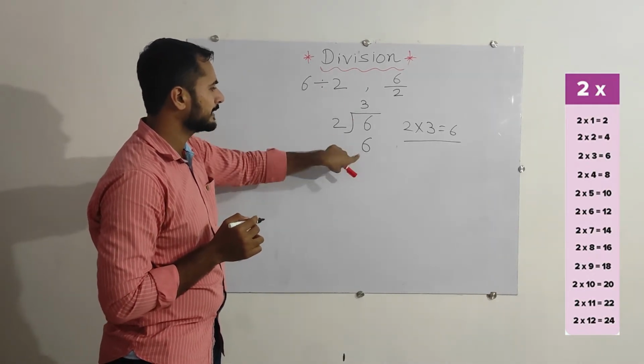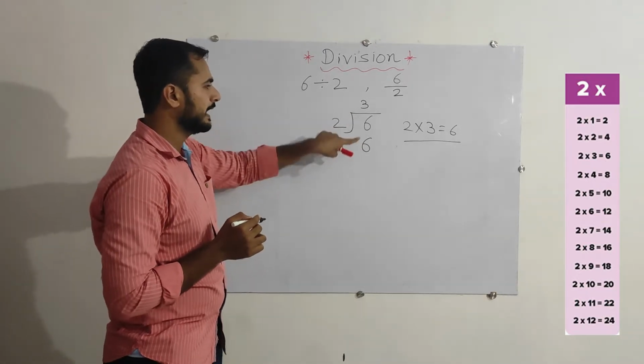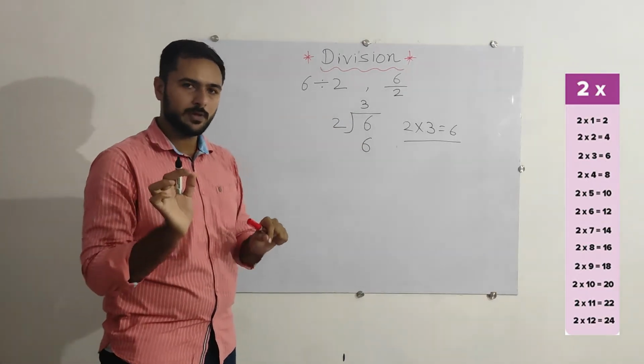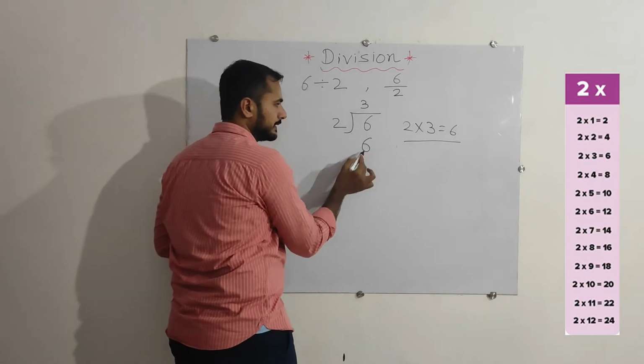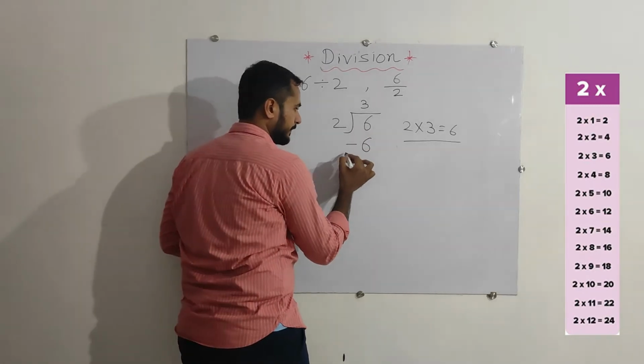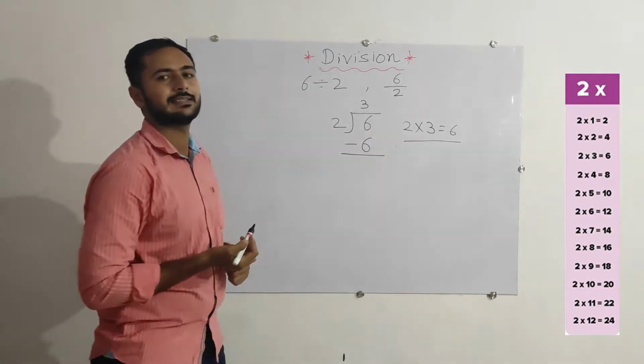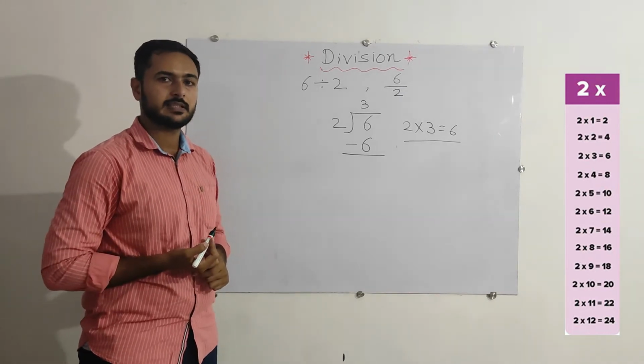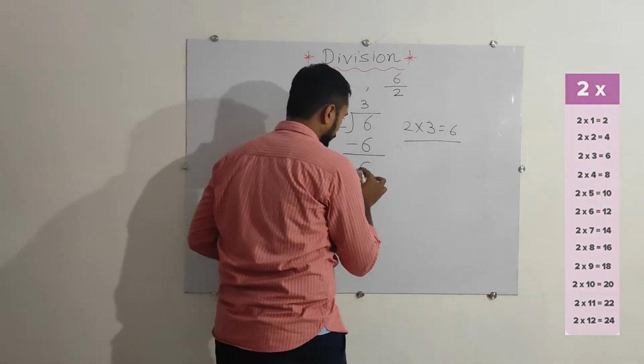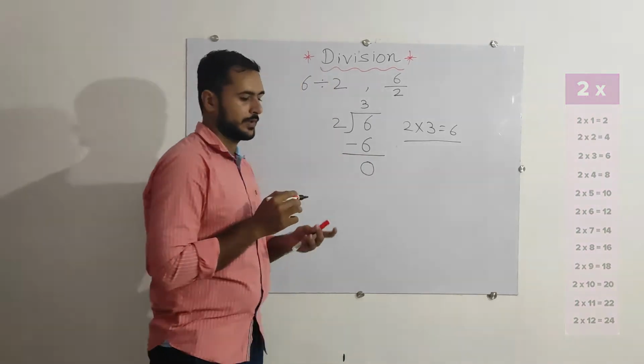Now in the next step, we have to subtract these numbers. 6 minus 6 is 0. Okay.